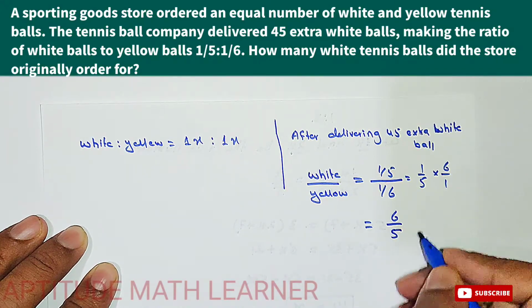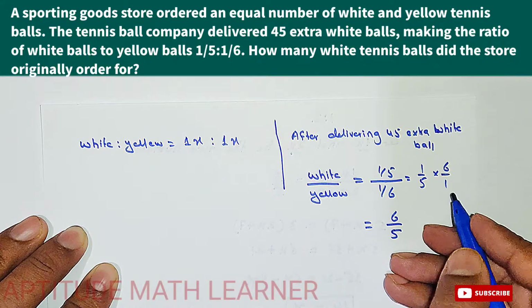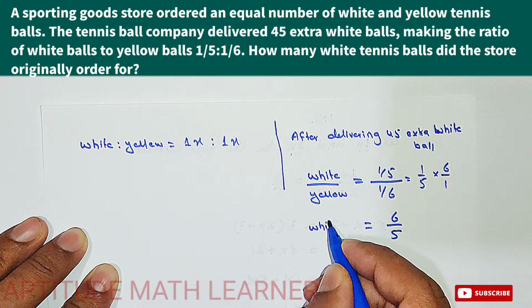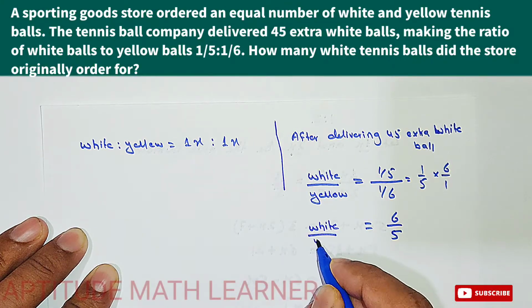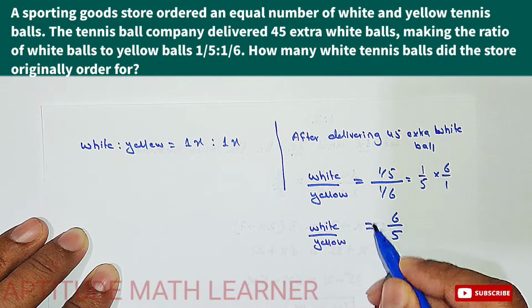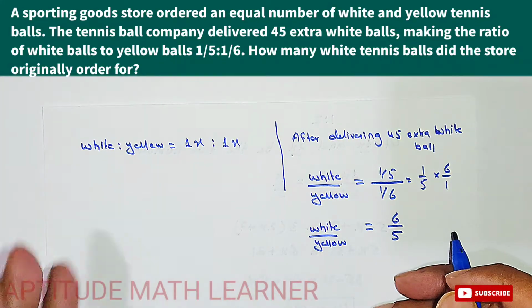I hope you have understood this method. Now the ratio for white and yellow is 6/5. So it has just changed.